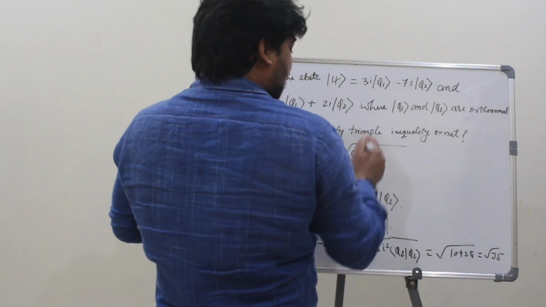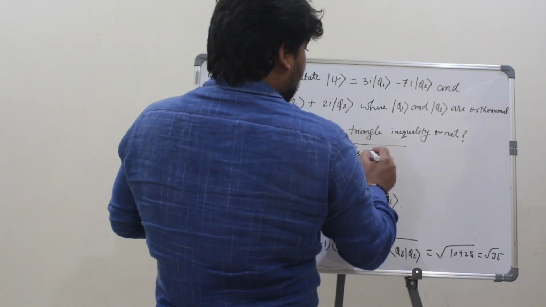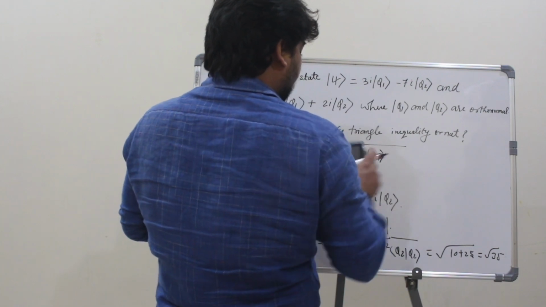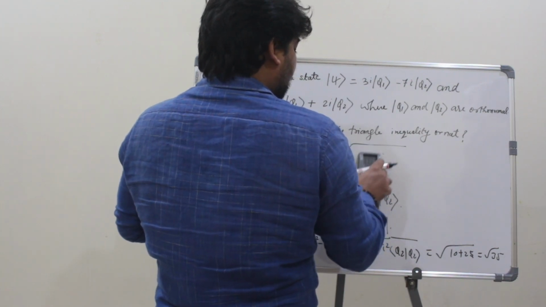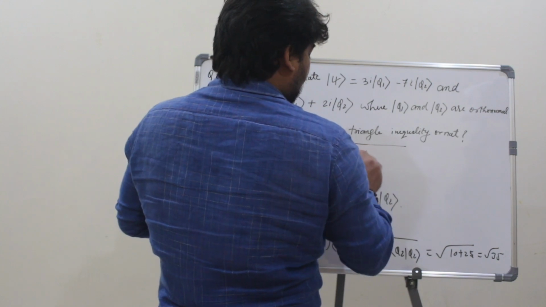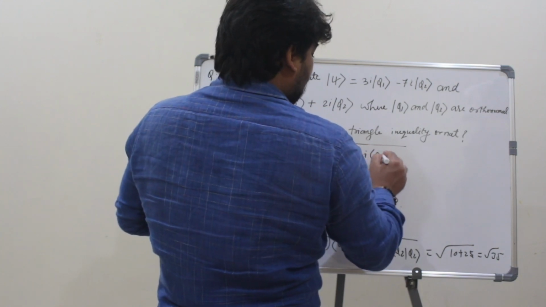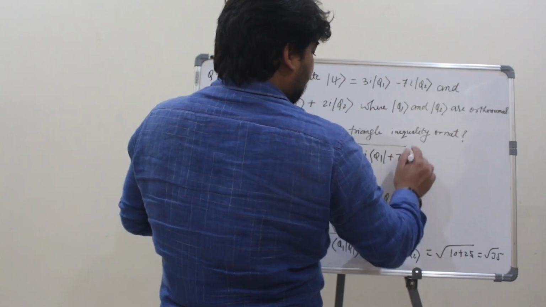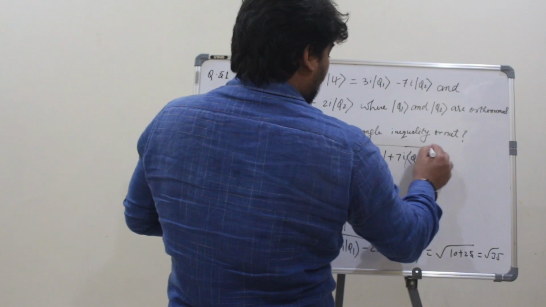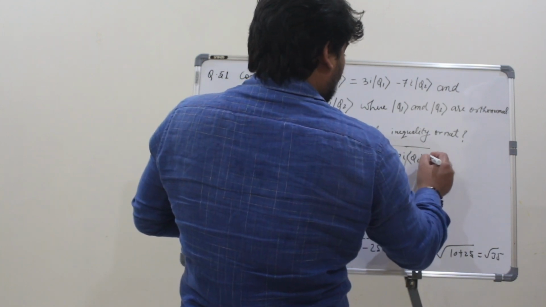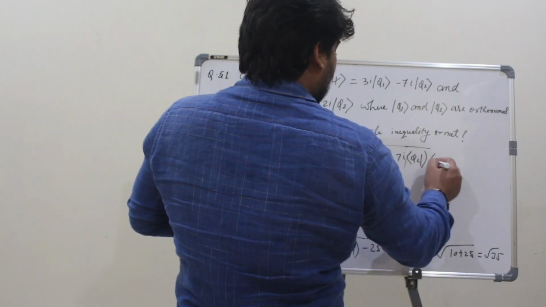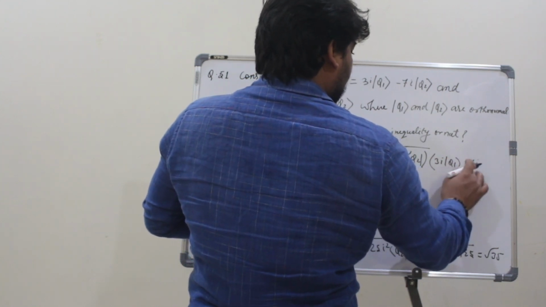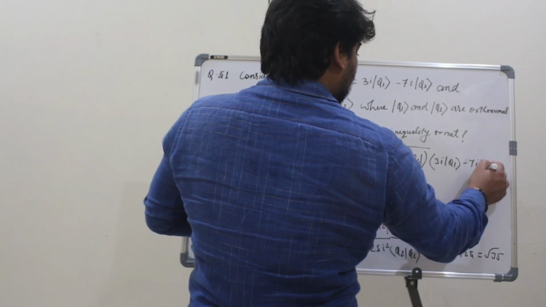Take the Hermitian conjugate of it, which is minus of 3i phi1 plus 7i phi2, and then multiply by 3i phi1 minus 7i phi2.